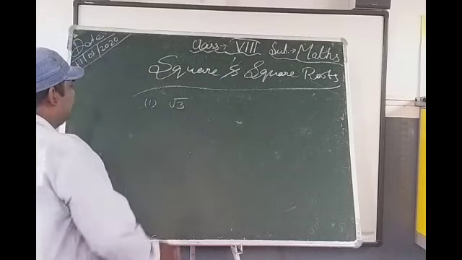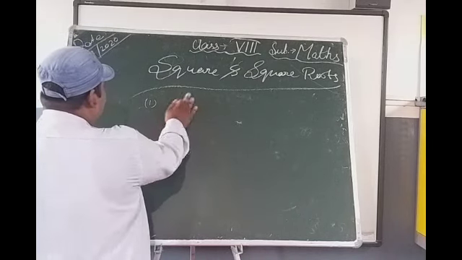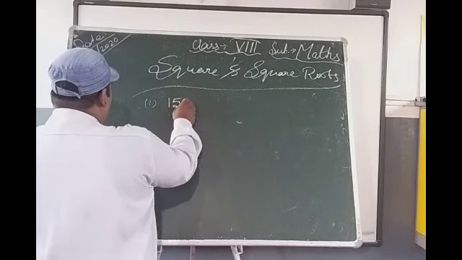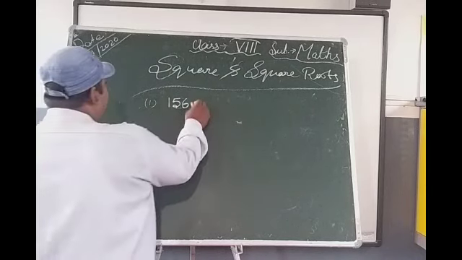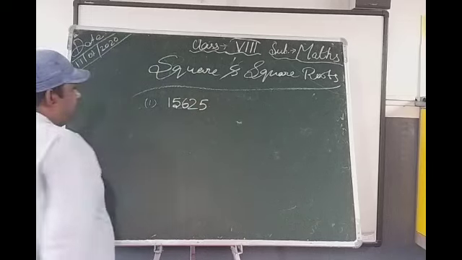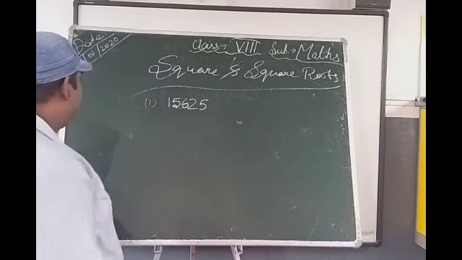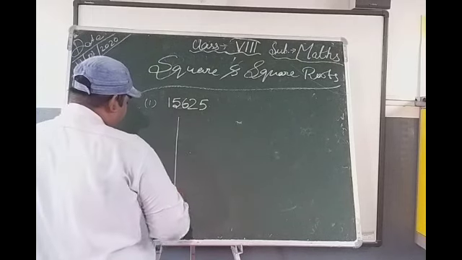Before that, we will take a bigger number and find its square root: 15625. We have to find it using the division method.